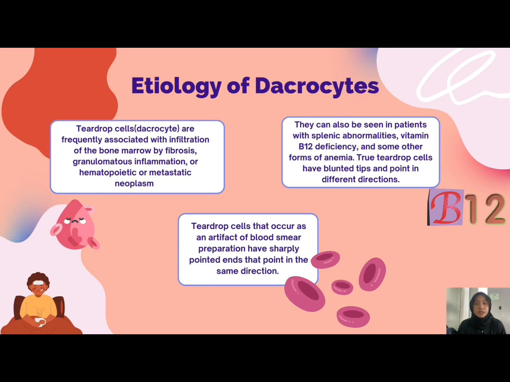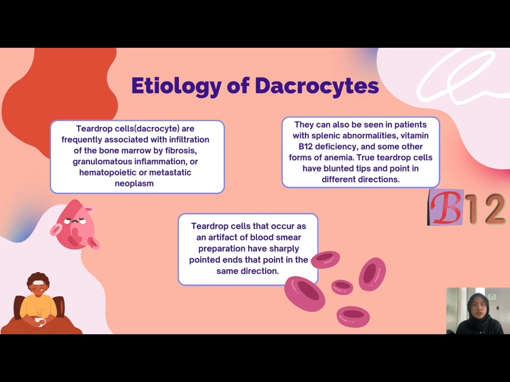Teardrop cells or dacryocytes are frequently associated with infiltration of the bone marrow by fibrosis, granulomatous inflammation, or hematopoietic or metastatic neoplasm. They also can be seen in patients with splenic abnormalities, vitamin B12 deficiencies, and some other forms of anemia.